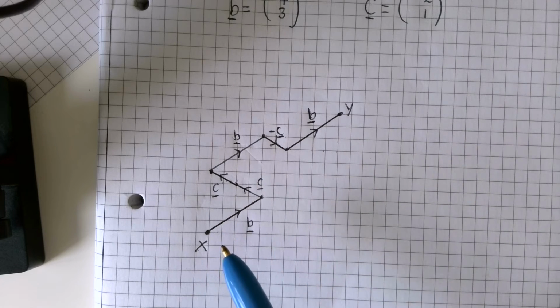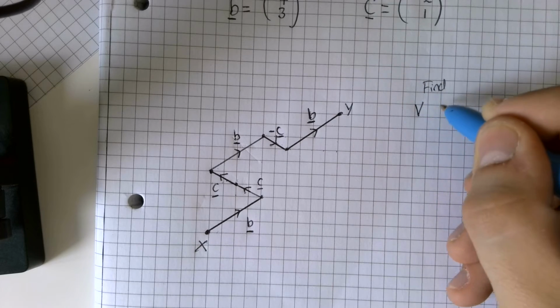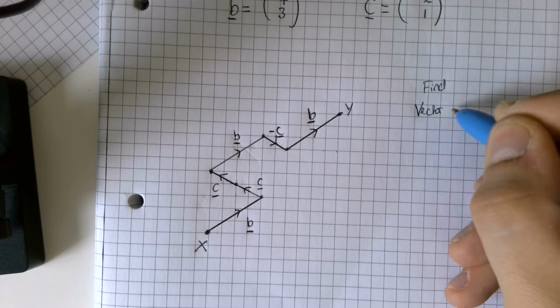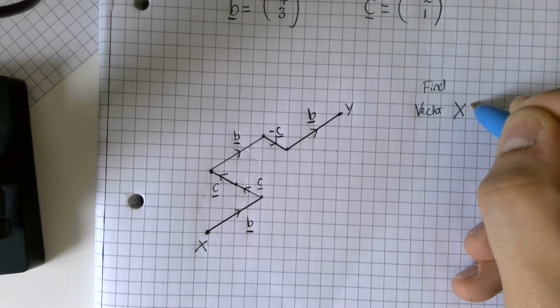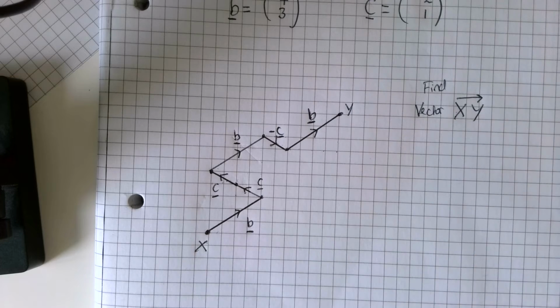You might want to find the vector taking you from X to Y. So that is what that notation means. You're going from X to Y.